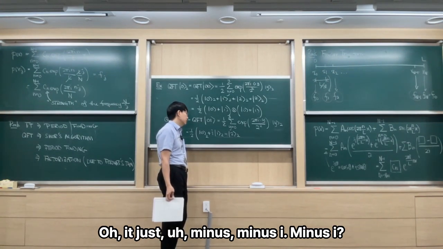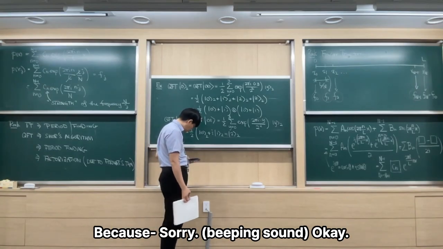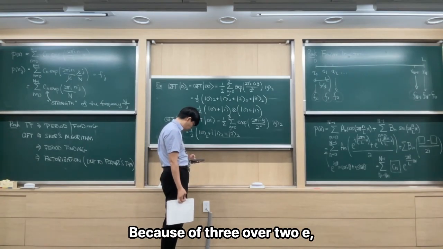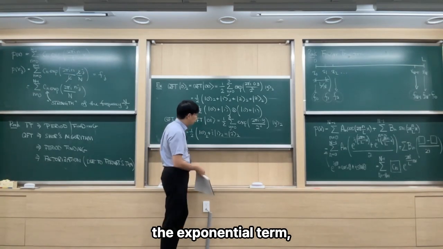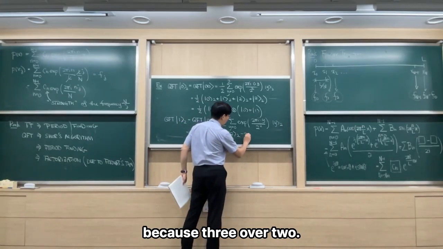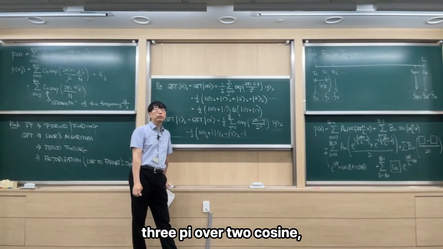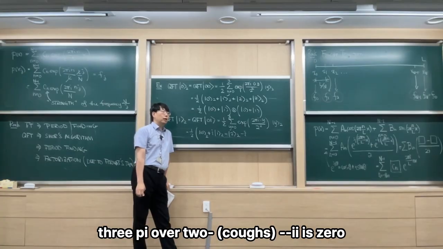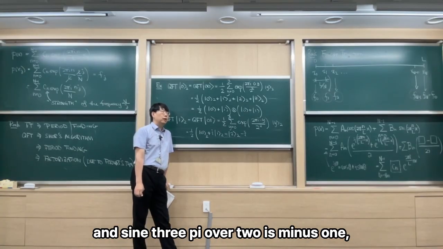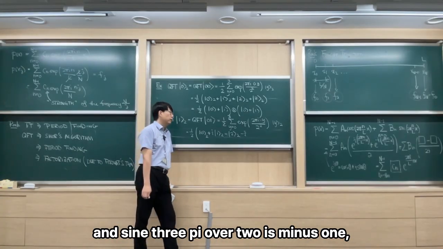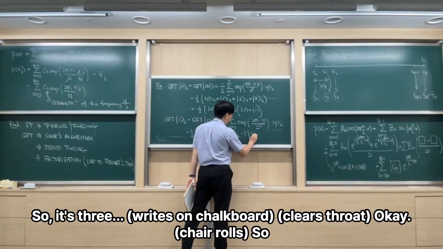Minus i? Sorry. Okay, because of the 3 over 2, the exponential term equals 3 pi over 2. Cosine of 3 pi over 2 is 0, and sine of 3 pi over 2 is minus 1, so it's minus i. Yes, so it's 3.